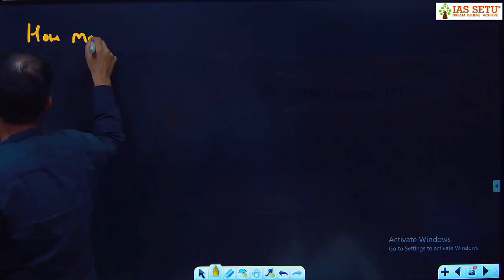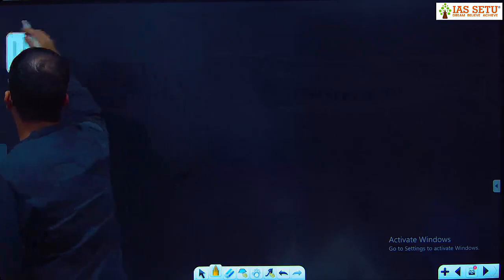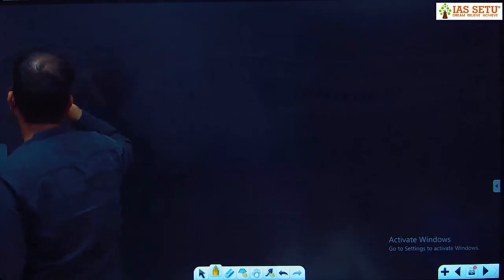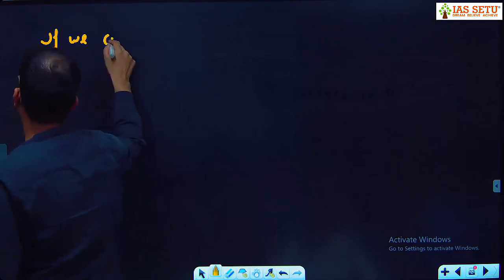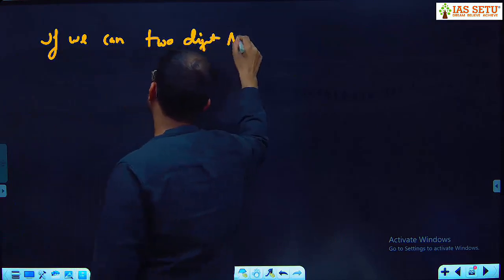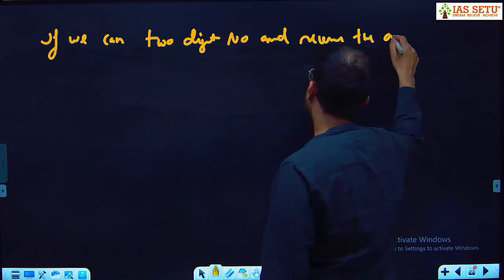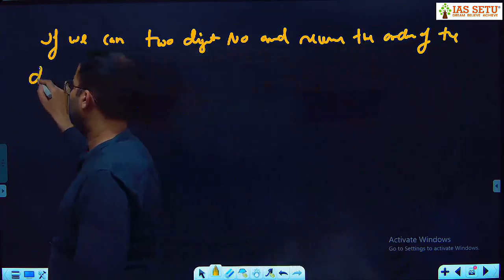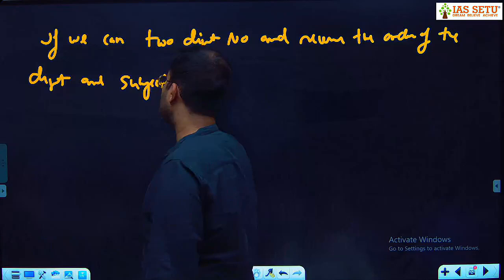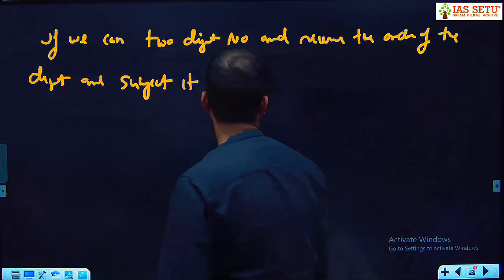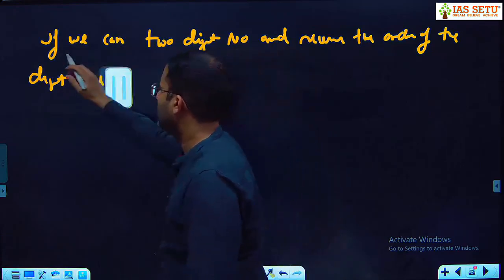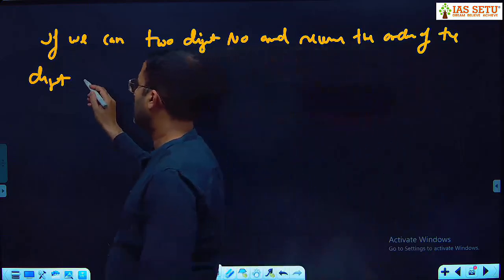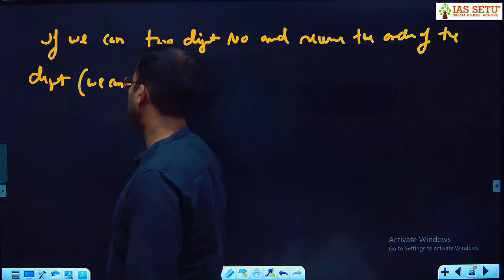How many? Or write it like this: if we take a two-digit number and reverse the order of the digits, in brackets write, we get a new two-digit number.